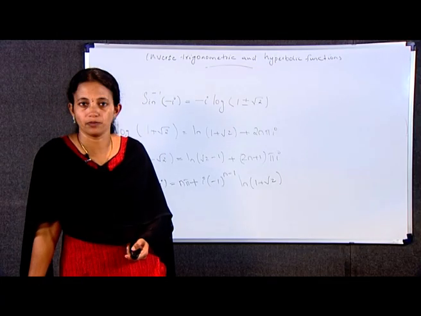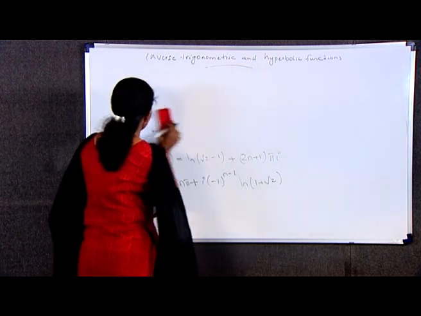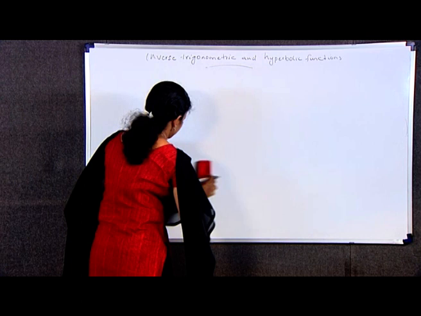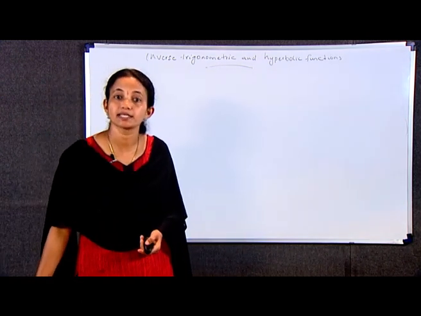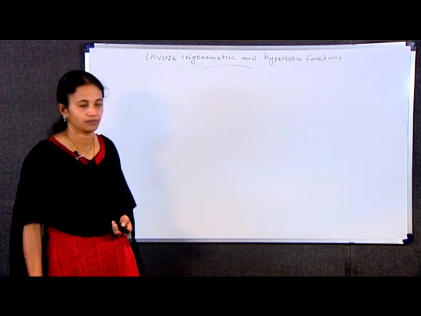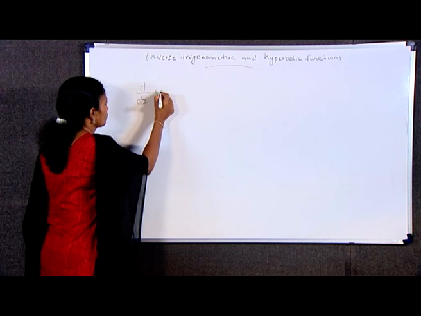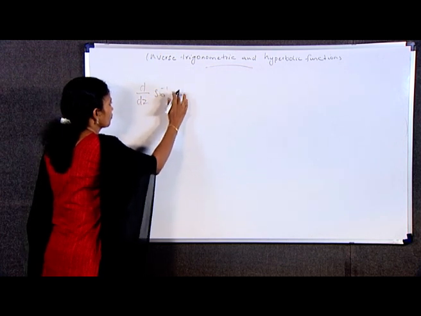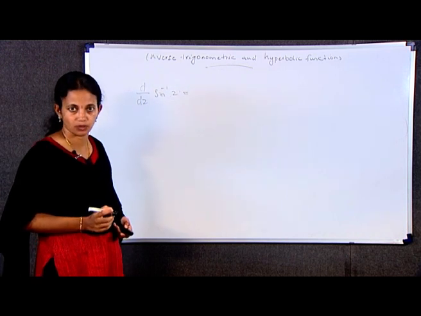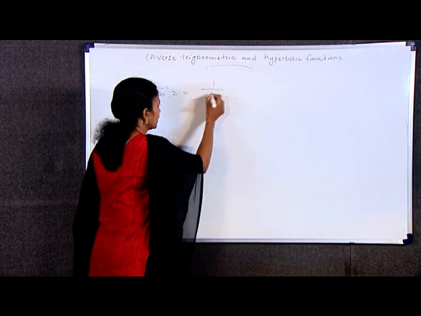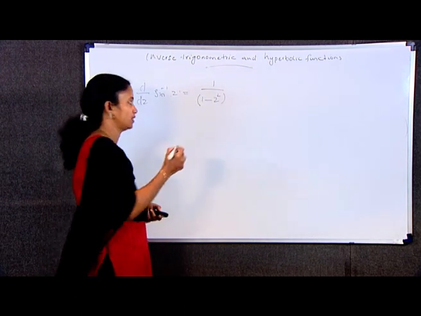Next we have some derivatives. The first one is d by dz of sin inverse z, which is equal to 1 by (1 minus z square) raised to 1 by 2.